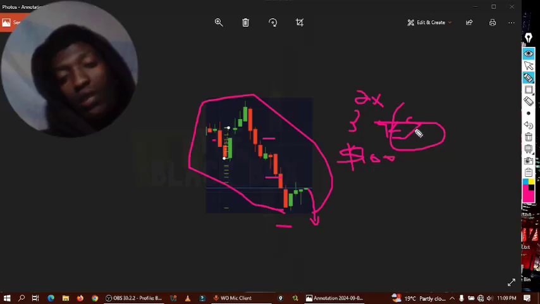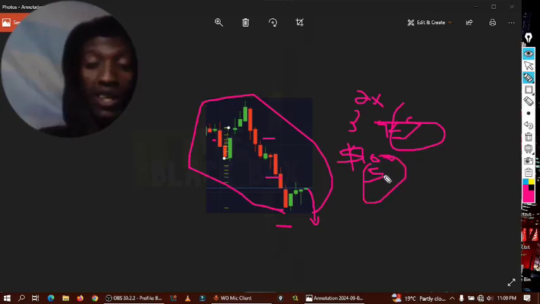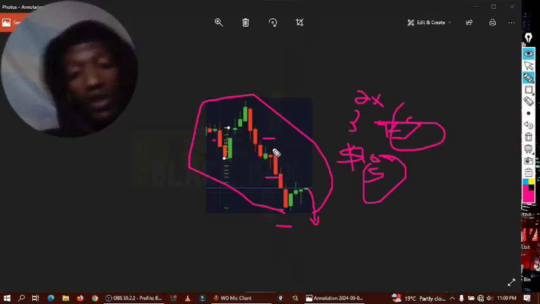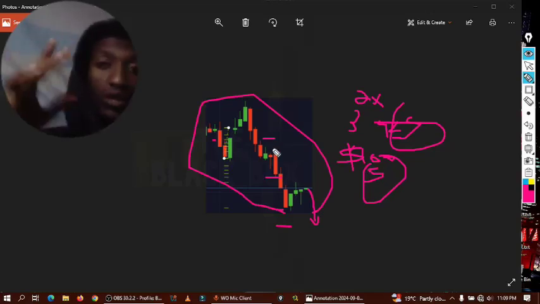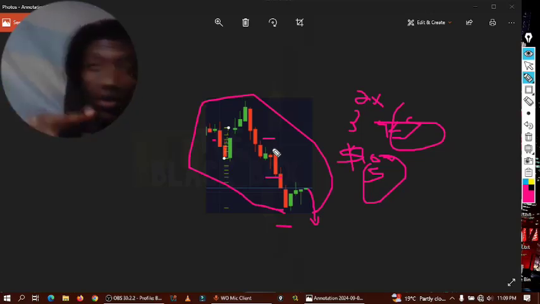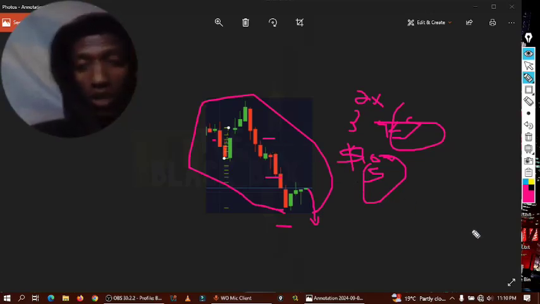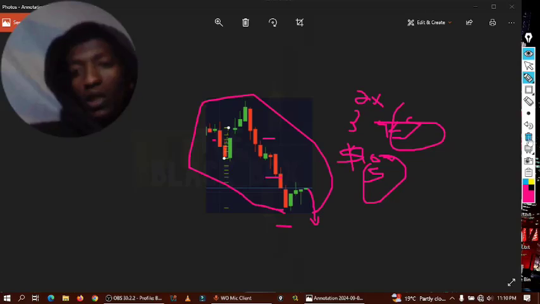On 5%, that's $5 risk. Until that $100 reaches $500, it cannot increase. It is still $5 risk, which means minimize your lots. Don't enter with one lot on a $100 account. That's basically it.